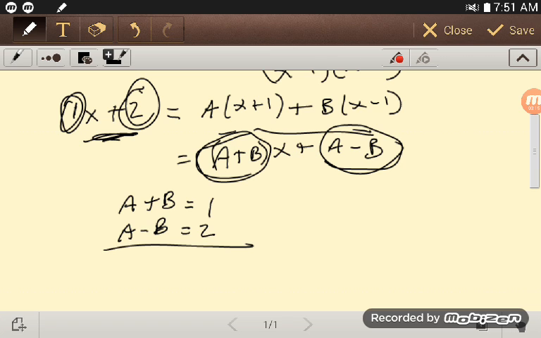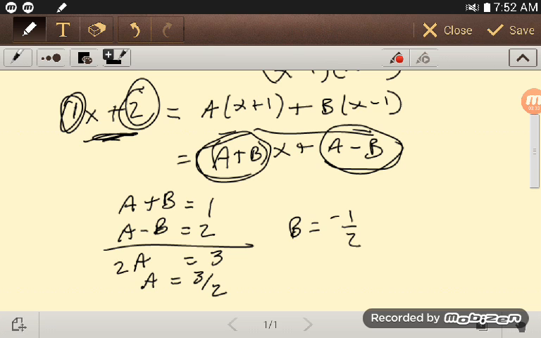Now if I add those two things together, I get 2A, the B's go away, and I get 3. And so A has to be 3/2, and so if that's the case, then B has to equal negative 1/2.